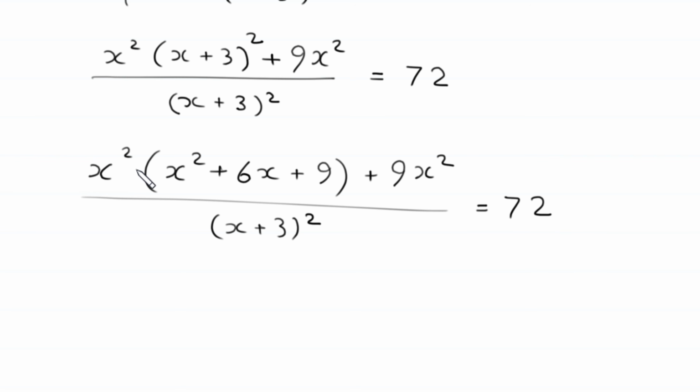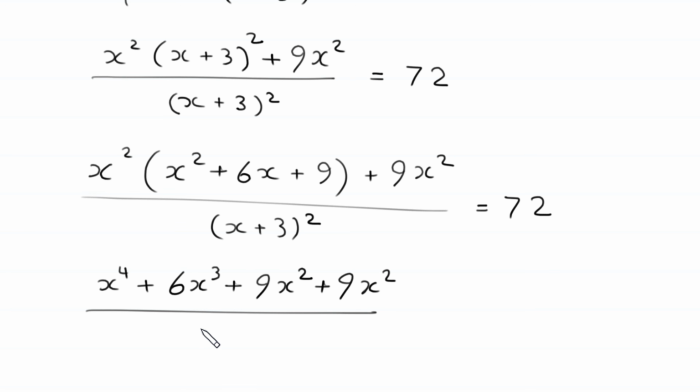Now x squared times x squared will become x to the power 4, plus x squared times 6x will become 6x cubed, and x squared times plus 9 will become plus 9x squared, plus this 9x squared divided by this (x plus 3) whole squared is equal to 72.